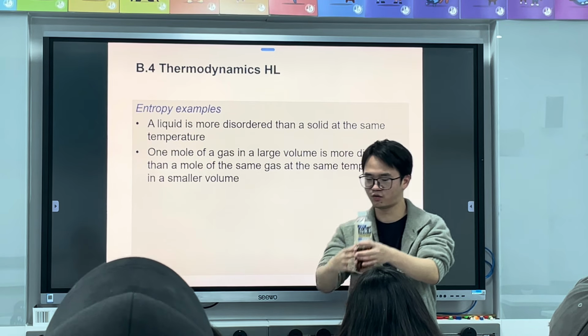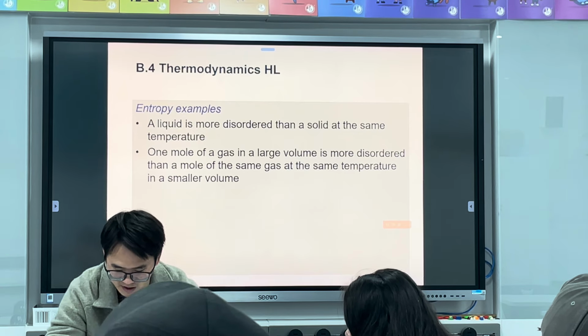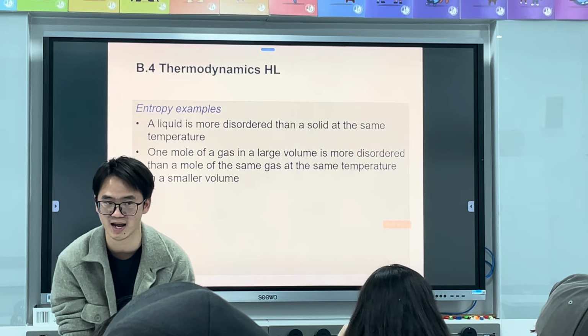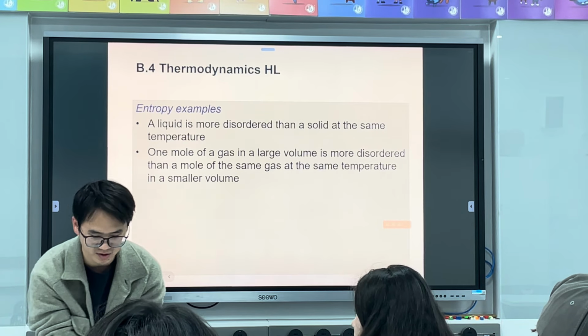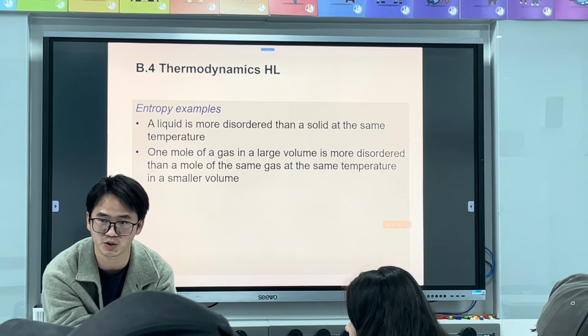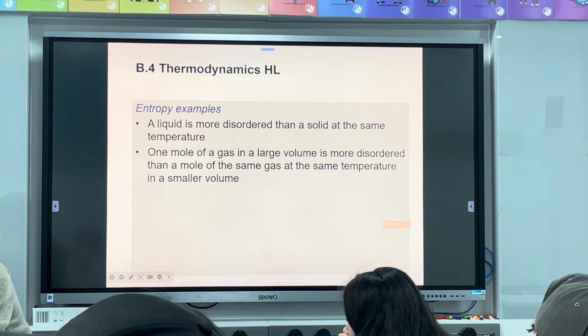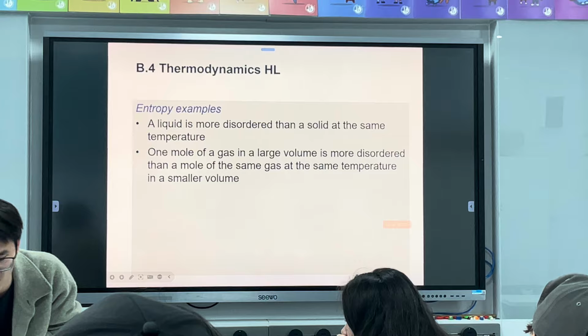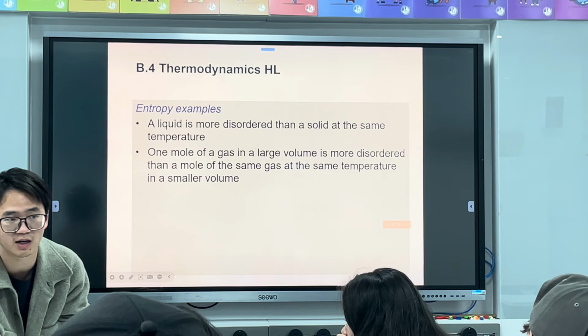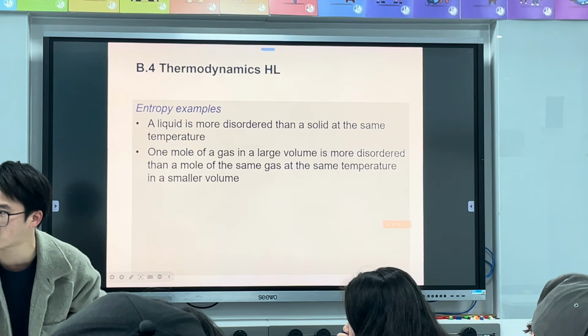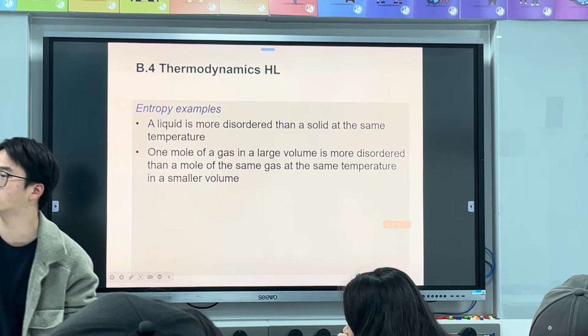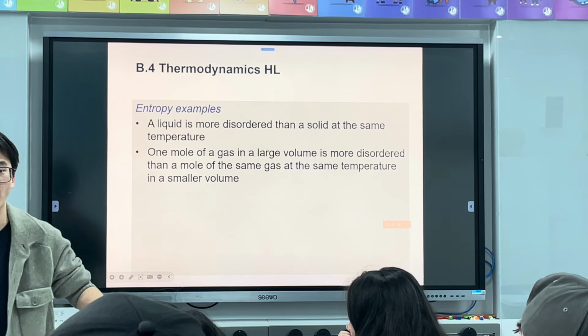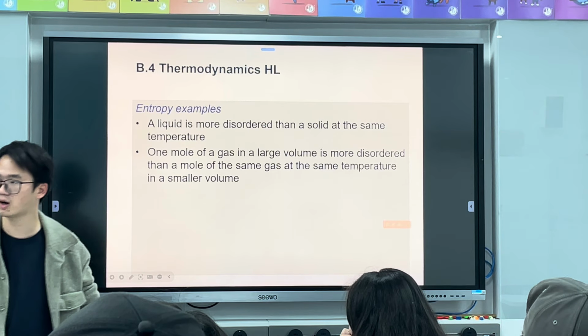So, for example, let's say if this is the only possible volume, and then you double the volume. Now the particle is not just likely to be here, it can also likely be here. And then if you double again, then it can be here, here, here, right? So there's more probability, so more disorder. More probability means more likely outcome, right?